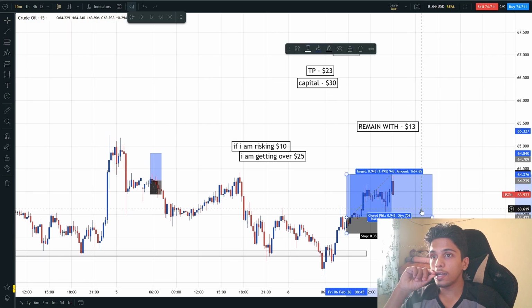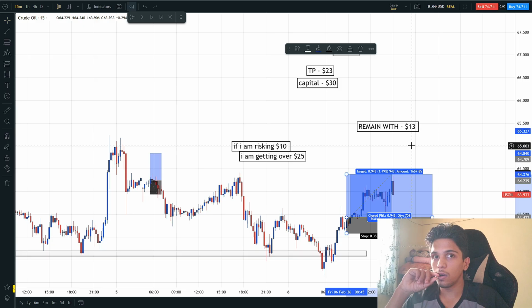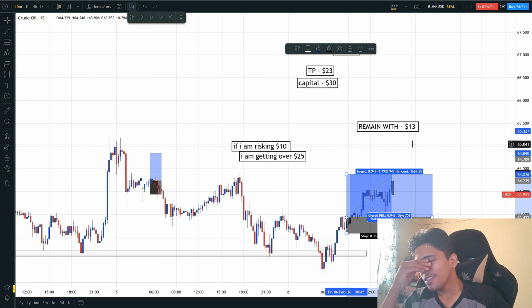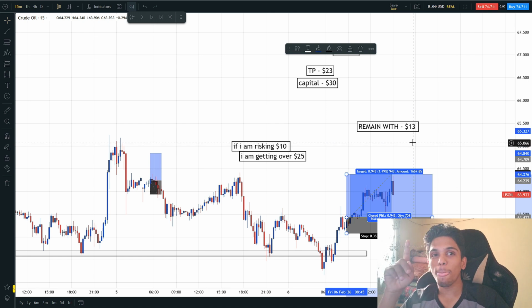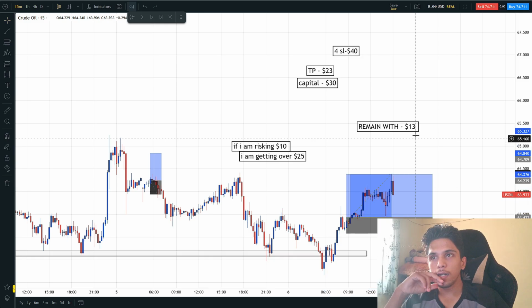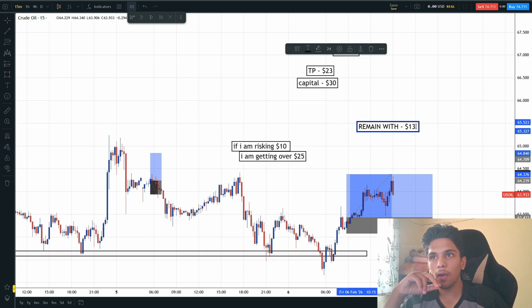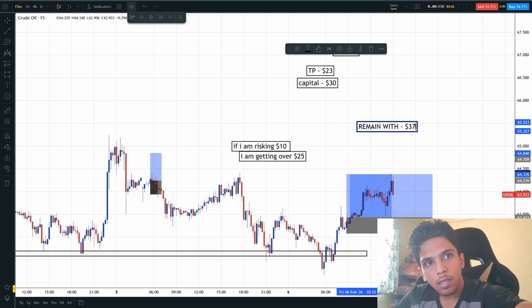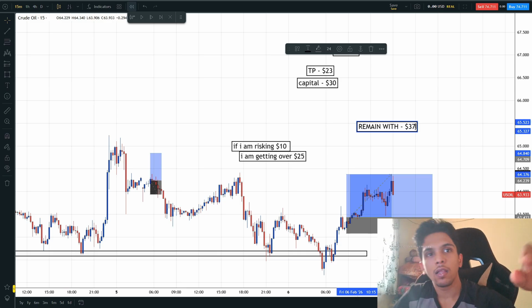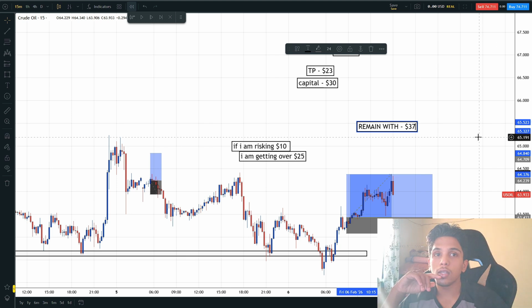Now how much do I get? 2.5 means $25 plus 13. How much is that? $37... no, $38. Okay, $38 means I have made $37 and seven, and the $7 is my profit.